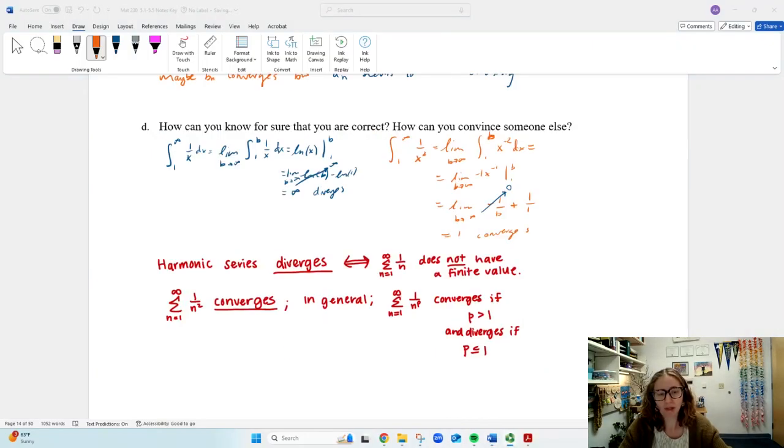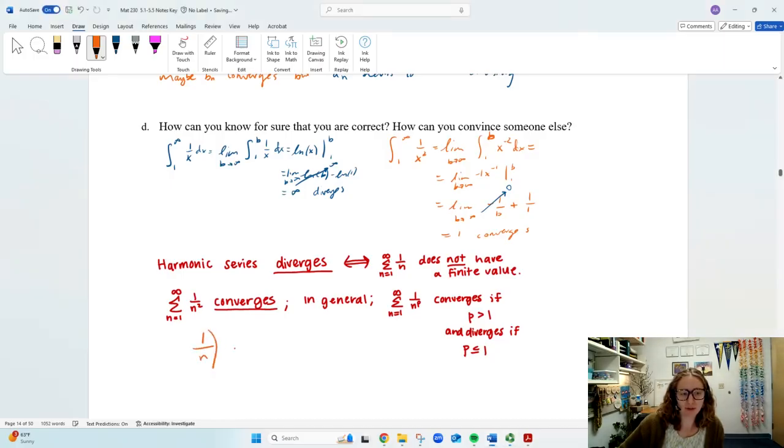Another way of saying that is this is called our harmonic series, and we can write it as 1 over some value to the p power. Sometimes we talk about this being a p series. The harmonic series always diverges. 1 over n always diverges, and so it does not have a finite value.